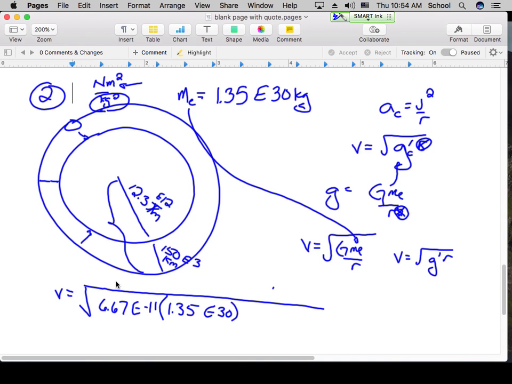Exponent divided by the 12.3 exponent 12. 2,705.685. I don't know how far you want to go.